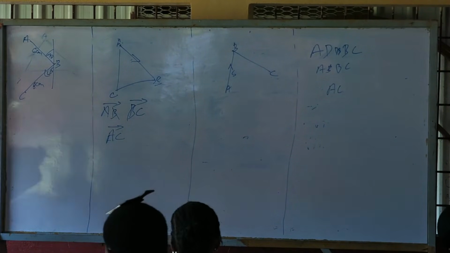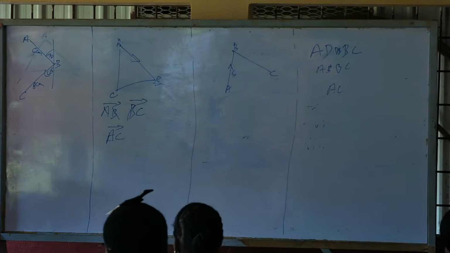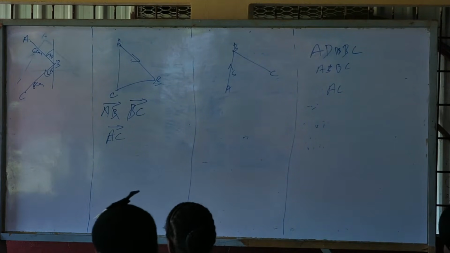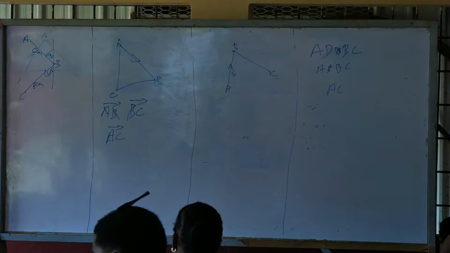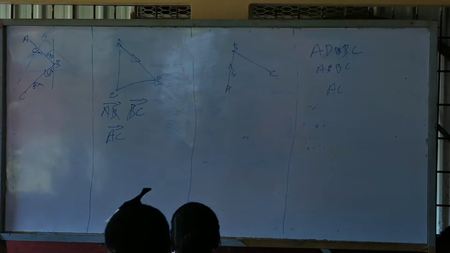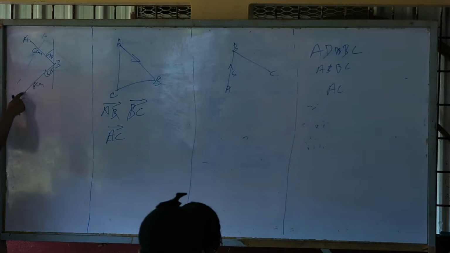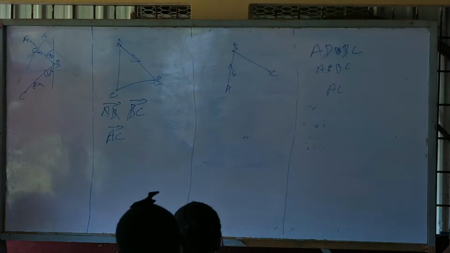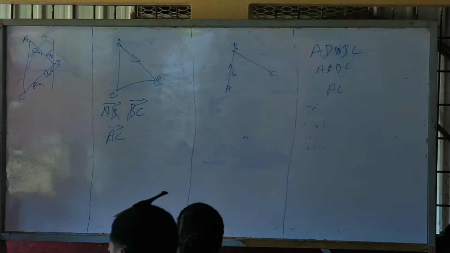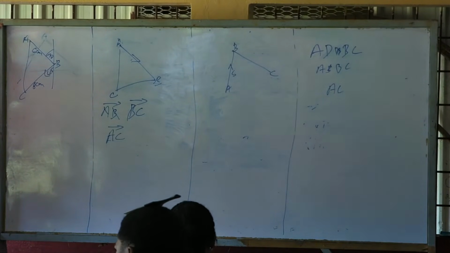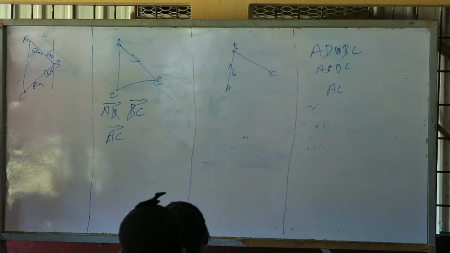I can find the length of the resultant vector using the triangle law. Because if he moves A to B and then B to C, then the length of the resultant vector is A to C. Everybody see that? Now we have a triangle.